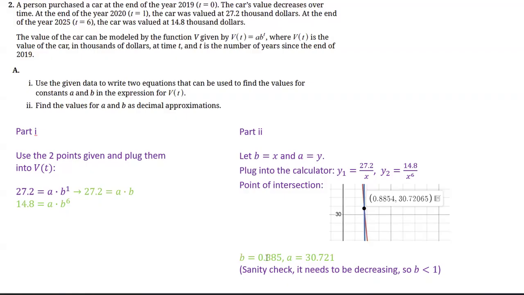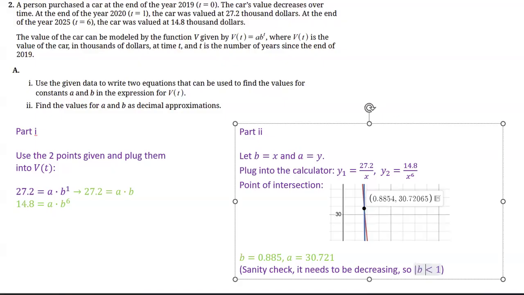Okay, so b equals 0.885 and a equals 30.721, around three decimal places. And as a quick sanity check, it's a decreasing exponential function, so that means b must be less than 1. I should fix this: the absolute value of b is less than 1. Because if this is true, then it's an exponential decay.